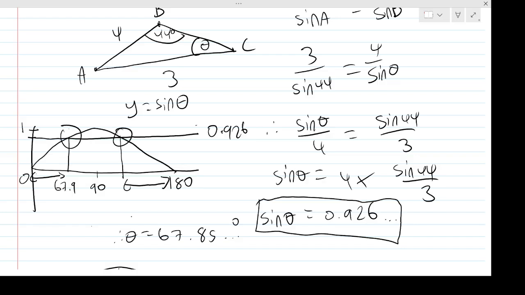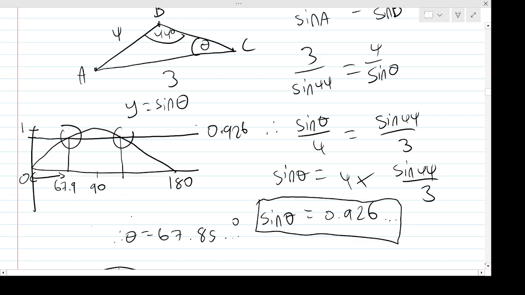So the gap is indeed 67.9, because between 0 and 67.9 is actually 67.9. So that's the gap between the first solution and the end. But then at the other end, at 180, it's the same distance of 67.9 between the intersection point and the end of the curve at 180, because it's symmetrical in the middle, as we just saw.